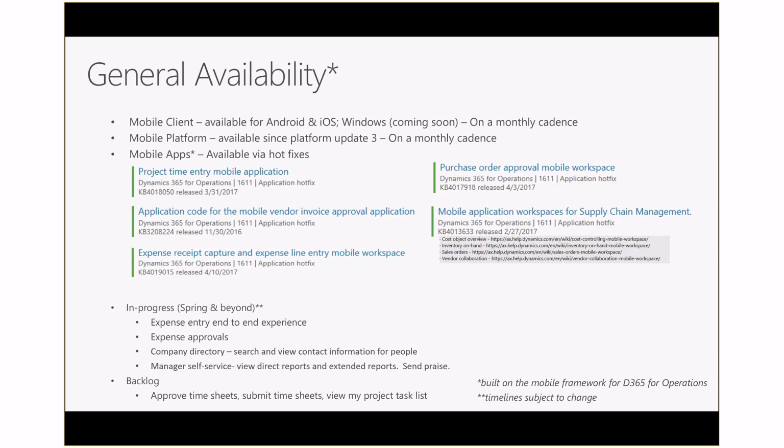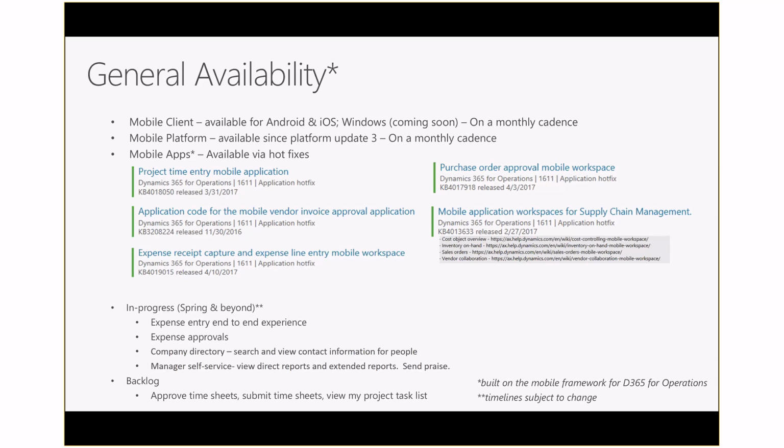So there are 4 workspaces in the SCM side: a costing workspace, an inventory on hand workspace, sales order, and vendor collaboration. All these 4 workspaces are part of the same hotfix, which is available for download in LCS. So this is the current landscape in terms of what is already available for us to go and start using it, start playing with it.